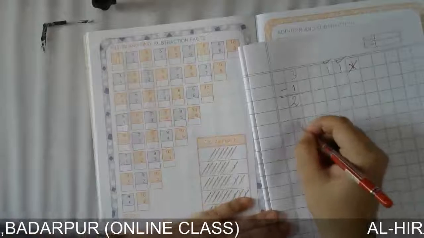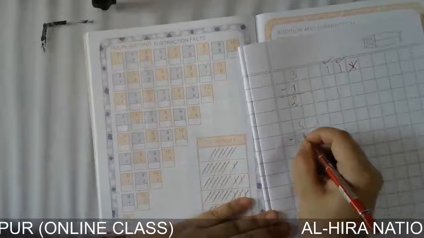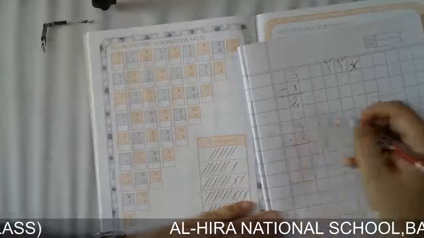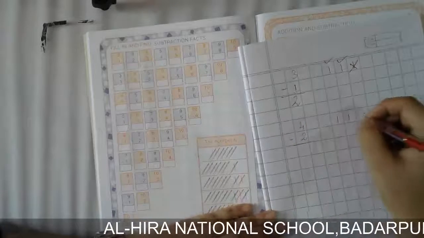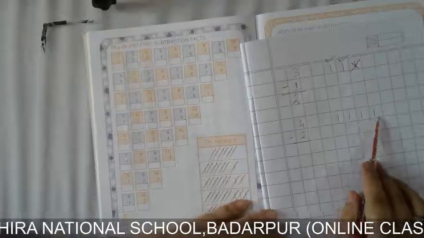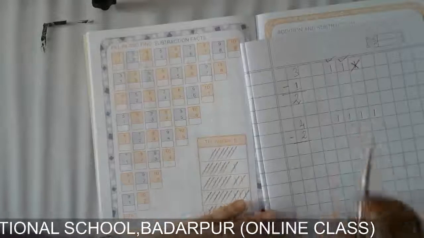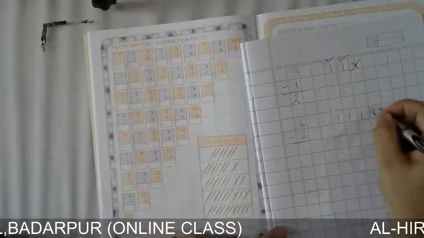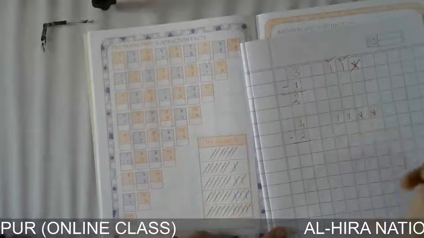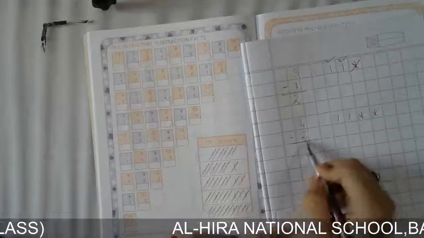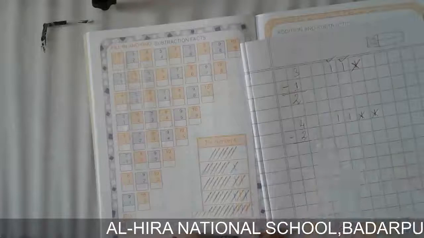Next one is 4 minus 2. How will you do it? First you put 1 2 3 4, so I wrote 4 lines here. From these 4 lines I am removing 2 lines, because we are subtracting this 2 from 4.